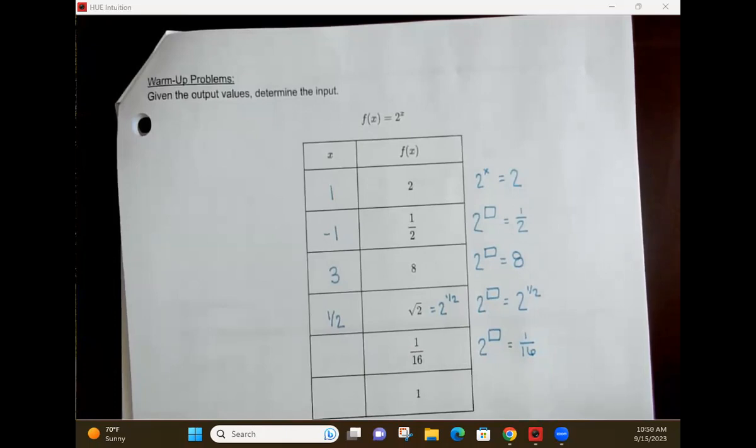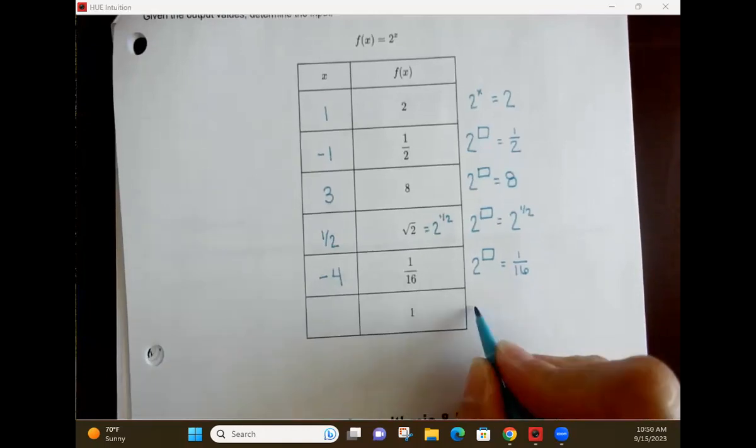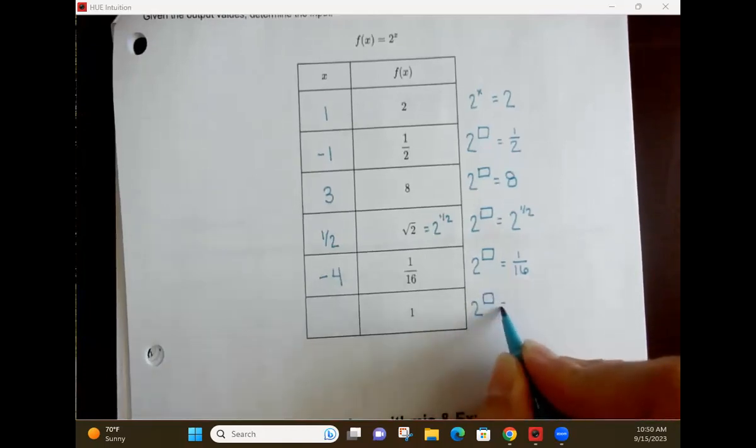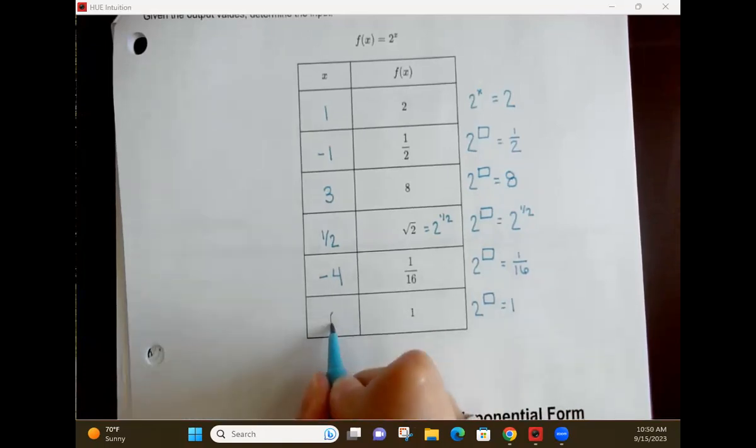What kind of exponent tells me to take a reciprocal? It would have to be negative, and then to the 4th would get me to 16. Good. And then our last one here, 2 to something gives me 1. What does that exponent have to be? 0. 2 to the 0 would give me 1.